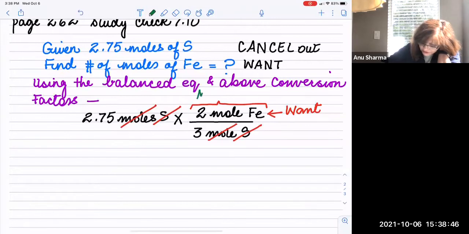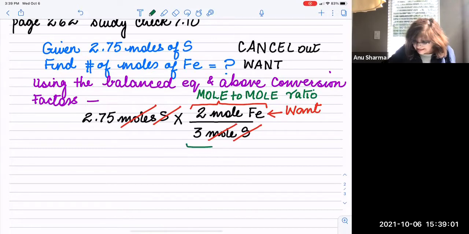This is also called mole to mole ratio or molar ratio, and this is coming from the balanced equation.